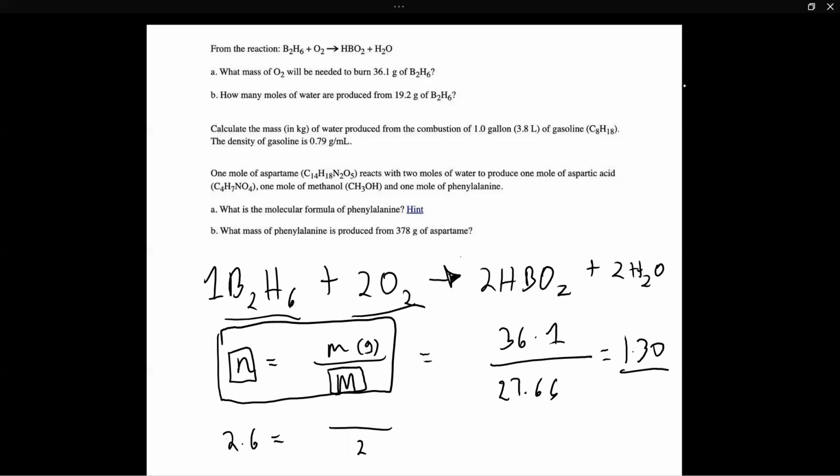And we'll just call the mass in grams of oxygen X. Now solve for X. X is equal to 32 times 2.6, which is equal to 83.2 grams. That is your answer. So that is the mass of oxygen required to burn 36.1 grams of B2H6.